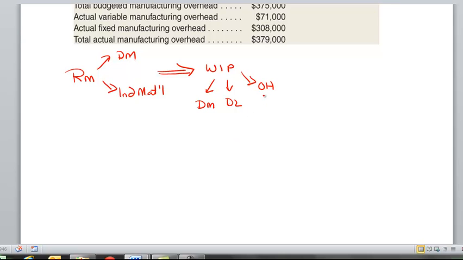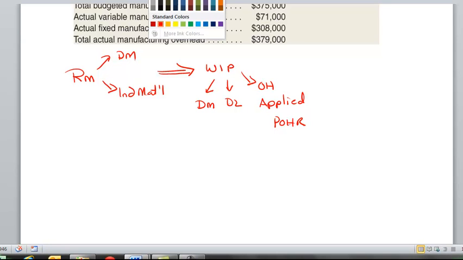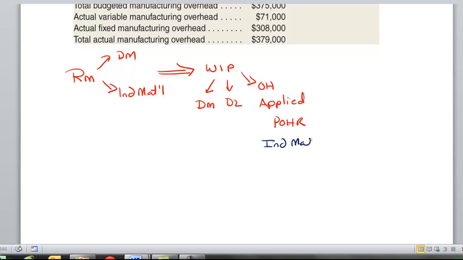Now, overhead is going to be the applied overhead or the estimated overhead using the predetermined overhead rate, POHR. And when you think about what is overhead, it's made of your indirect materials, your indirect labor, and all plant and factory costs, excluding direct materials and direct labor.